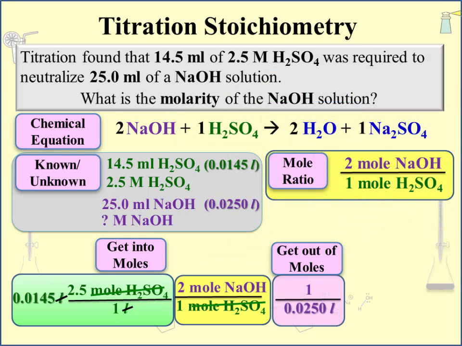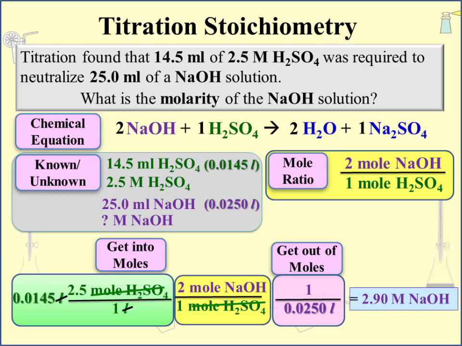Insert that after the mole ratio, 1 over the volume of sodium hydroxide, 0.025 liters. The remaining units in the solution equation are moles over liters, molarity. Getting out the calculator gets 2.90 molar NaOH. This is a standard stoichiometry problem.